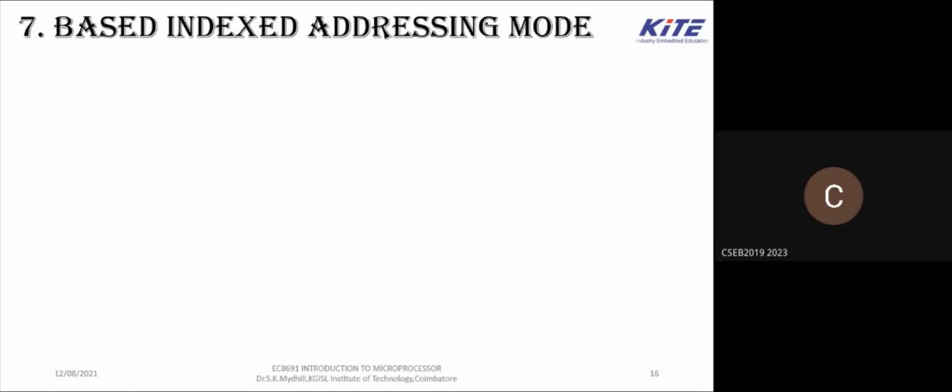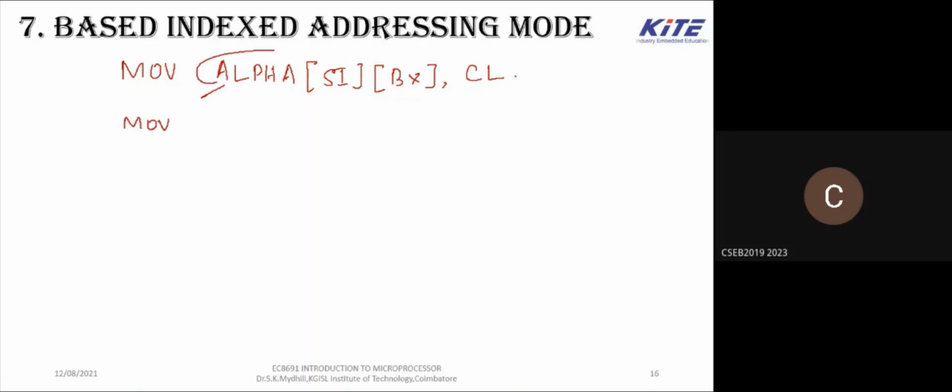So it is also a similarity you could go. I am writing MOV alpha[SI + BX], CL. What does this move do? So it has a source index, base register along with the CL content.